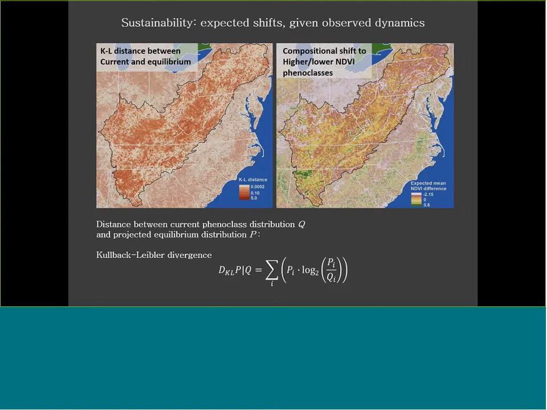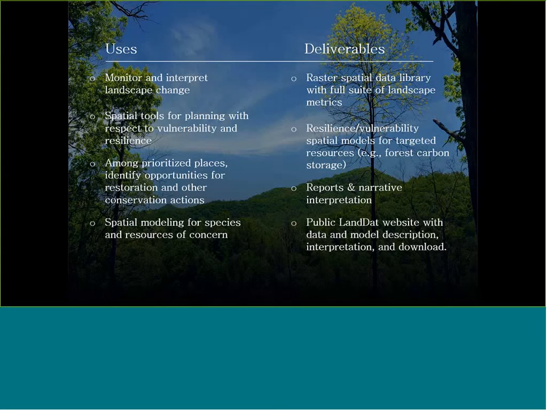So in terms of expected uses, I've now shifted to the final slide that's just a text slide. We're developing tools to monitor and interpret landscape change, and those result in spatial tools, for example, for planning with respect to vulnerability and resilience of various different kinds of resources.